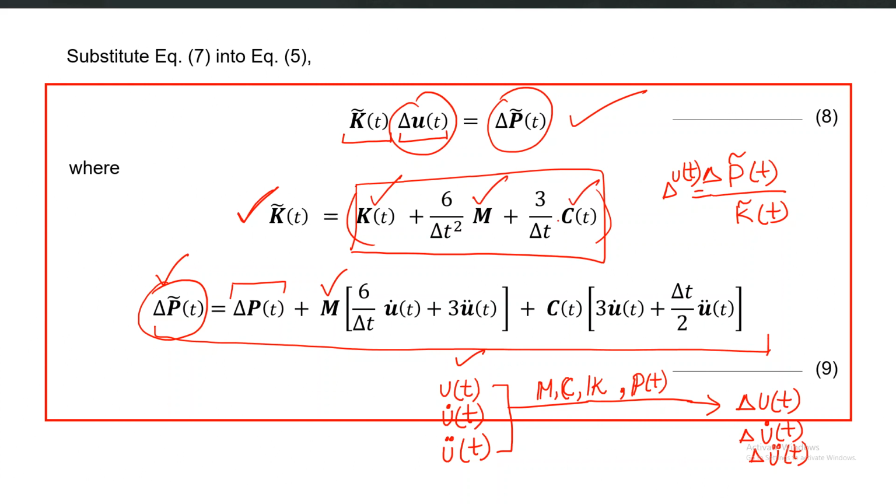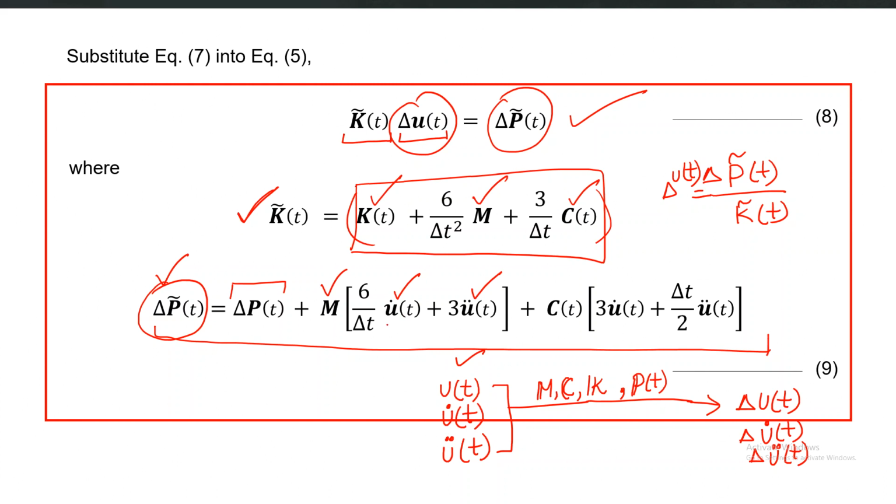If the structure is linear, then K of t will be simply the original K matrix, C of t will be simply the original damping matrix. And U dot of t and U double dot of t, these are the starting values for any time instant. For the purpose of starting the process at time t equal to 0, these will be the initial conditions.